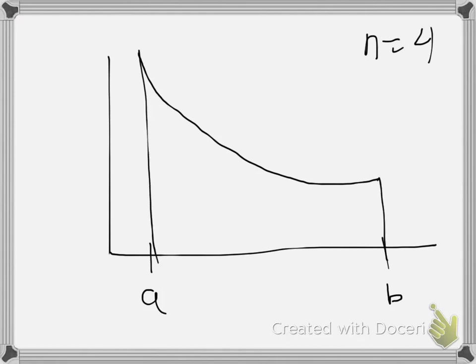So we want to divide this into 4 equal rectangles. This time, however, instead of using a left-hand sum or a right-hand sum or an upper sum or a lower sum, we're going to do a midpoint sum.